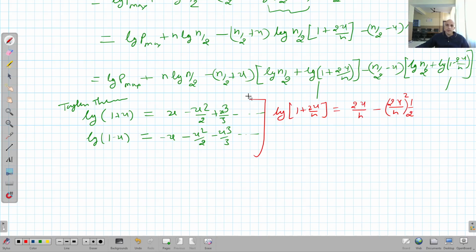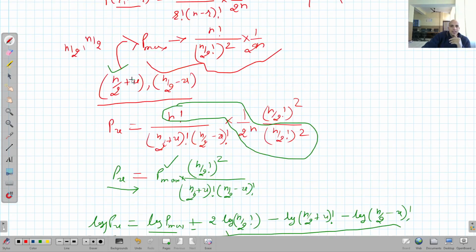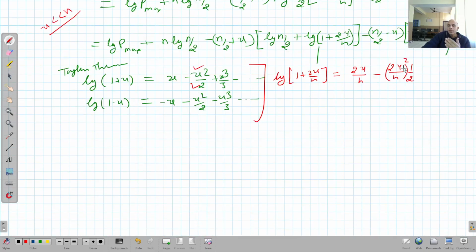You can see why I said we will retain the terms only up to the second term, because here it is x upon n. As x is very small as compared to n, I stated in the beginning that this deviation is extremely small as compared to n. If I took the cube term, then x upon n becomes very small, nearly zero.